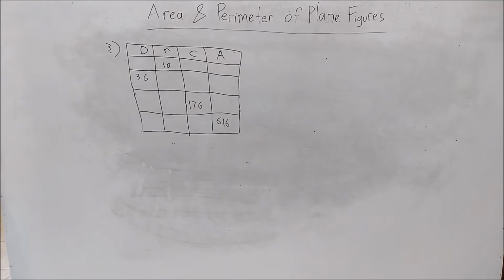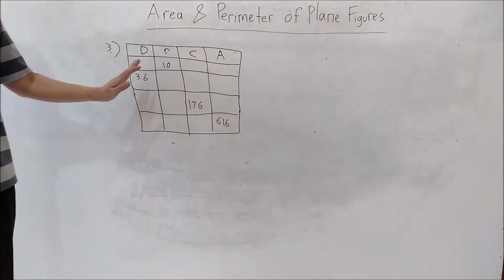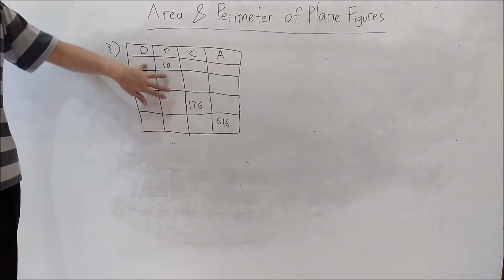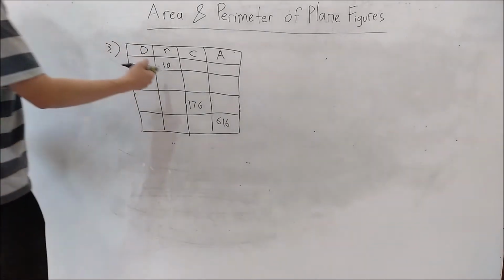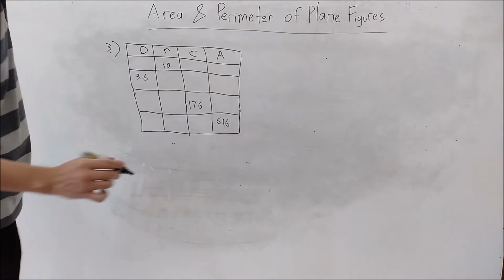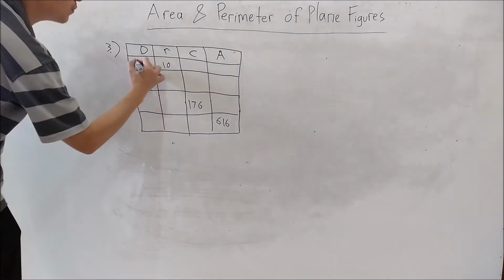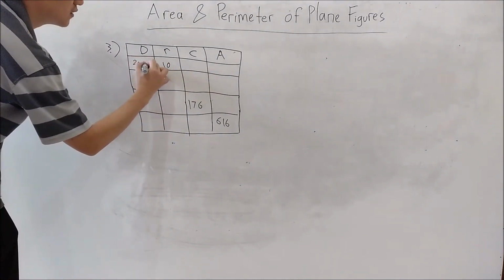So this is how we are going to do it. The easiest will be fill in the diameter and radius when you know either one of them. In this case, we know that the radius is 10 centimeter, so the diameter will be 20 centimeter.